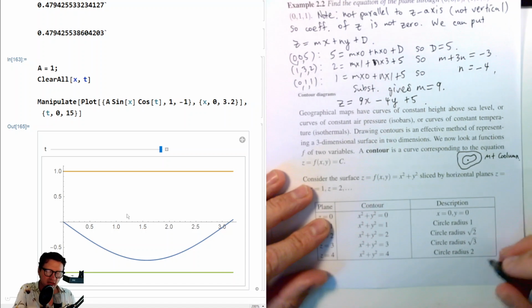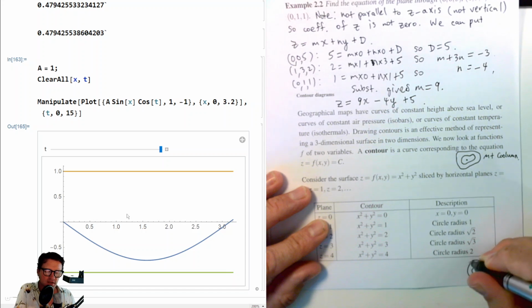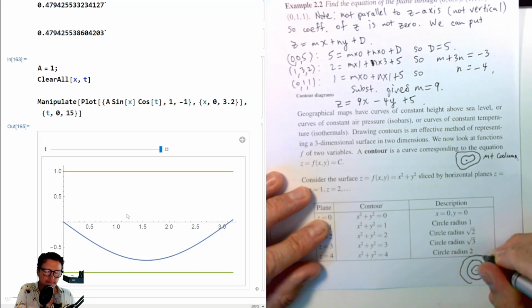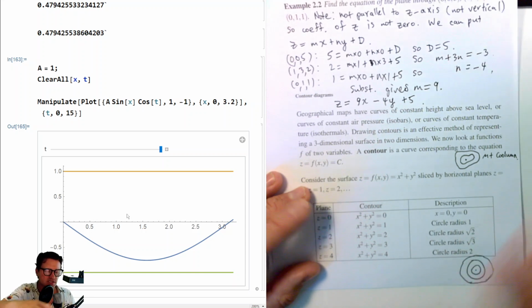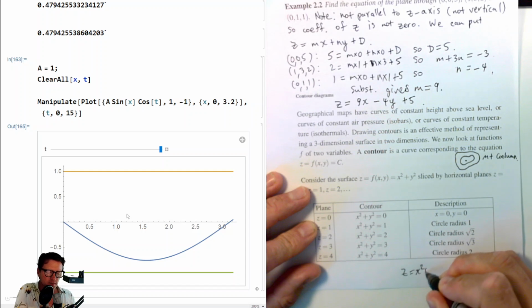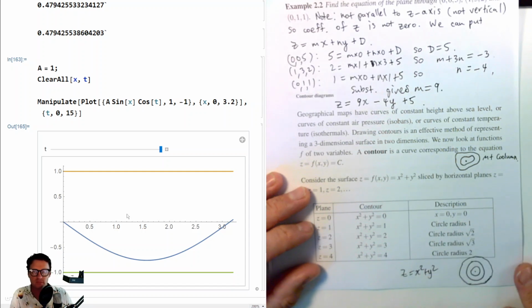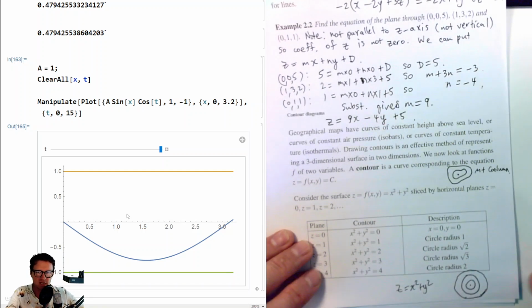Okay, so that would look like this, roughly, right? These would be horizontal slices through that surface, z equals x squared plus y squared. So it gives you a way to visualize that.